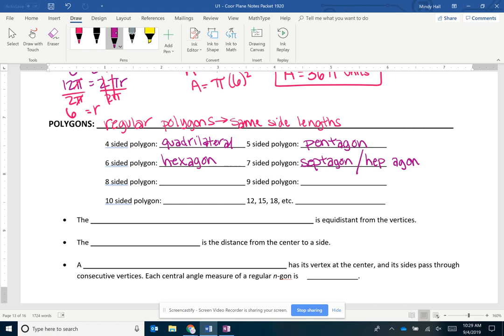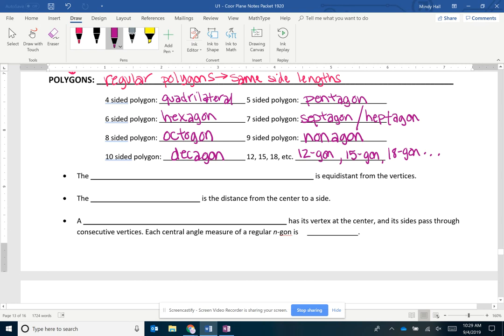I've heard people use both of them, so might as well know both. 8 sides is an octagon. 9 sides is a nonagon. 10 sides is a decagon. And then anything above 10, you just call it a 12-gon, or a 15-gon, or an 18-gon, etc., etc.